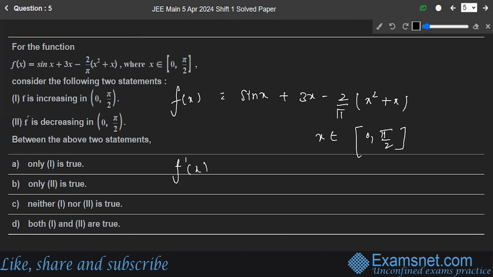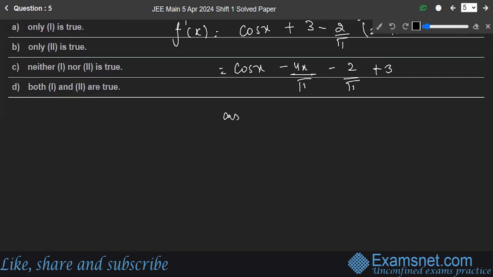So for increasing or decreasing, let's find out the first derivative of f(x). Sine gives cos x plus 3 minus 2 upon pi times 2x plus 1. This gives me cos x plus 3 minus 4x upon pi plus 1. As x belongs to this interval, 4x plus pi belongs to the 0, 2 interval, right?